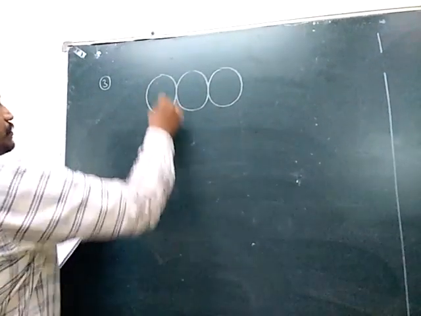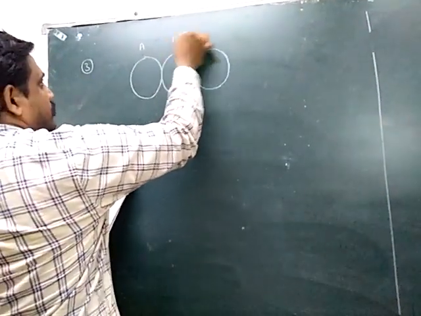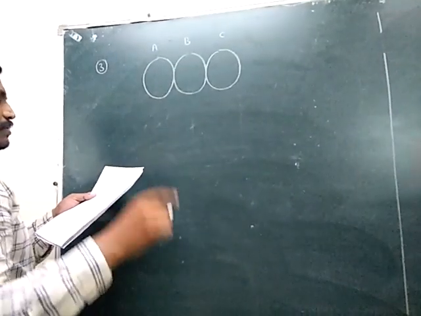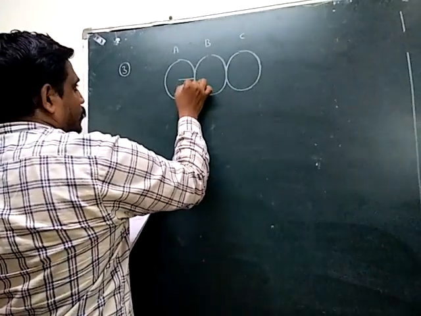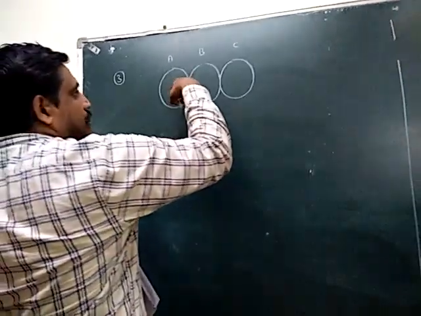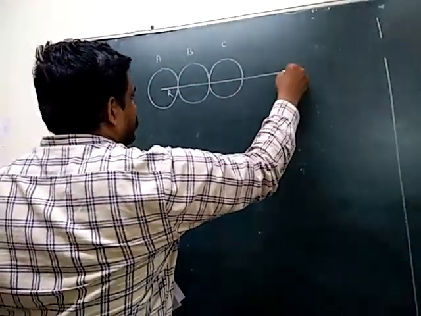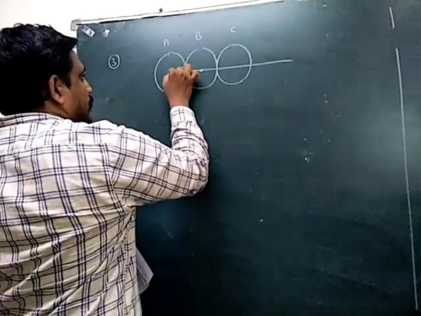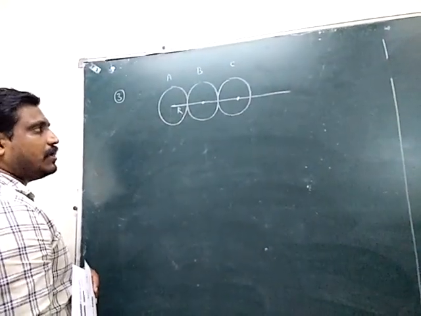Three identical spheres named A, B, C. Each sphere's radius is R. The keyword in the problem: their centers lie along a straight line. Look here, one straight line drawn, all centers lie on the straight line. This is the keyword.